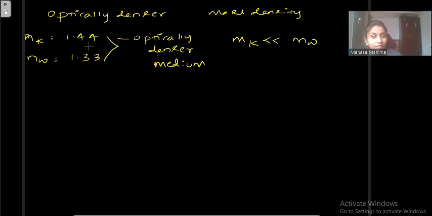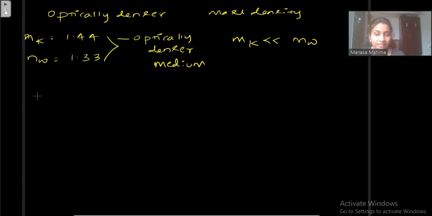Here kerosene is called optically denser than water, even though its mass density is small compared to water. Even if its mass density is less than water, the optically denser medium in this case is kerosene.